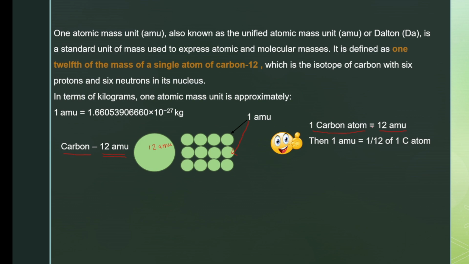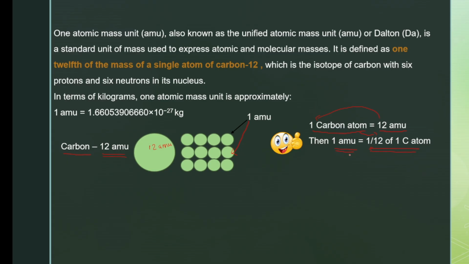Then if we want to find out how much 1 AMU is, we bring this 12 to this side and take the carbon atom to the other side. When the 12, which is in multiplication here, comes to this side, it becomes division. Thus 1 AMU is equal to 1 by 12 of 1 carbon atom.